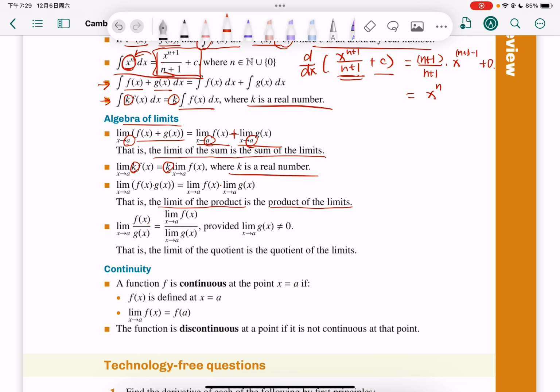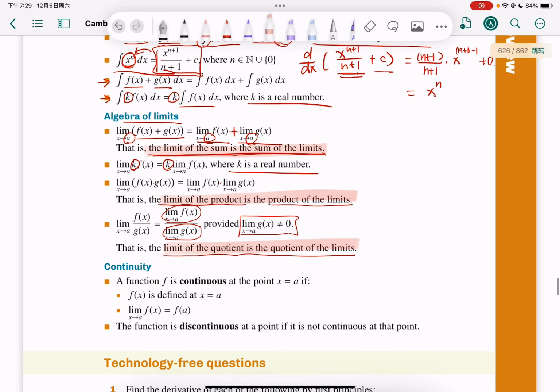It's actually the same as taking them separately and then dividing them. Important to know that the denominator will never be 0. You can say the limit of the quotient is the quotient of the limit. So here are three easier ways to remember them: limit of sum, limit of product, and limit of quotient.